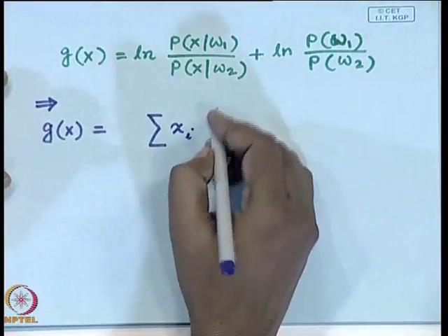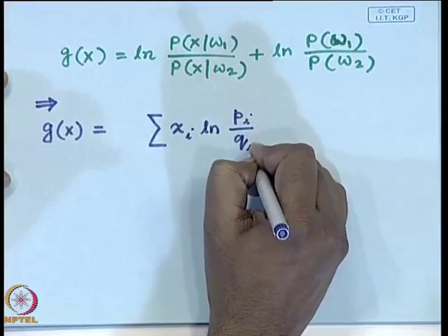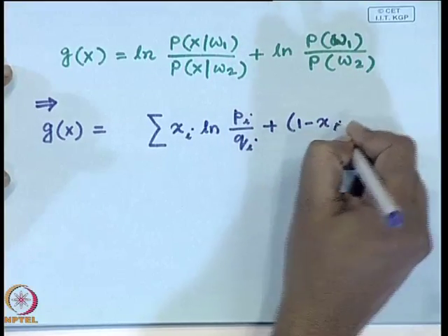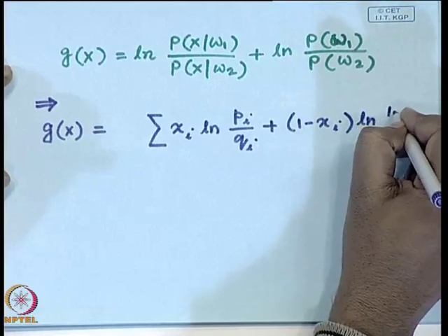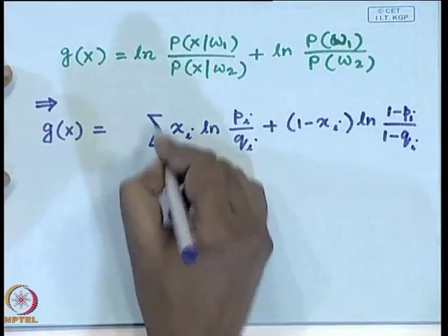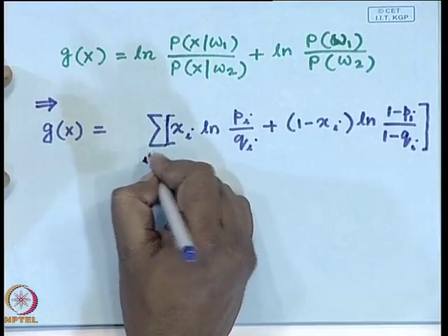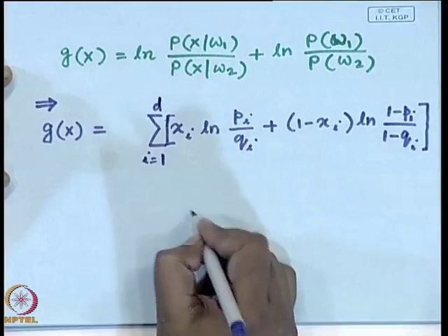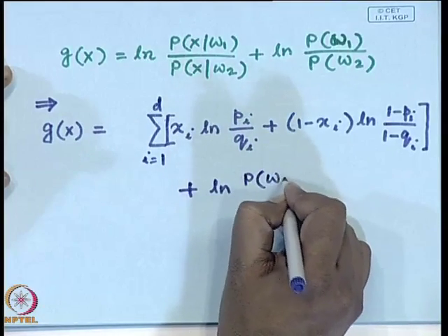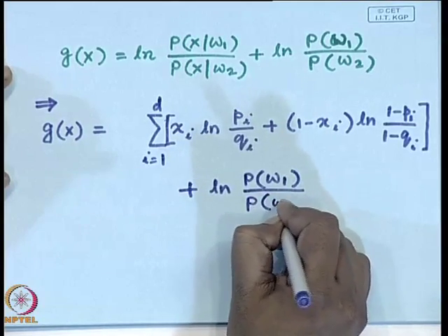So, it is x i log of p i upon q i plus 1 minus x i log of 1 minus p i upon 1 minus q i, where i will vary from 1 to d, plus log of p of omega 1, where this p omega 1 is the a priori probability, upon p of omega 2.